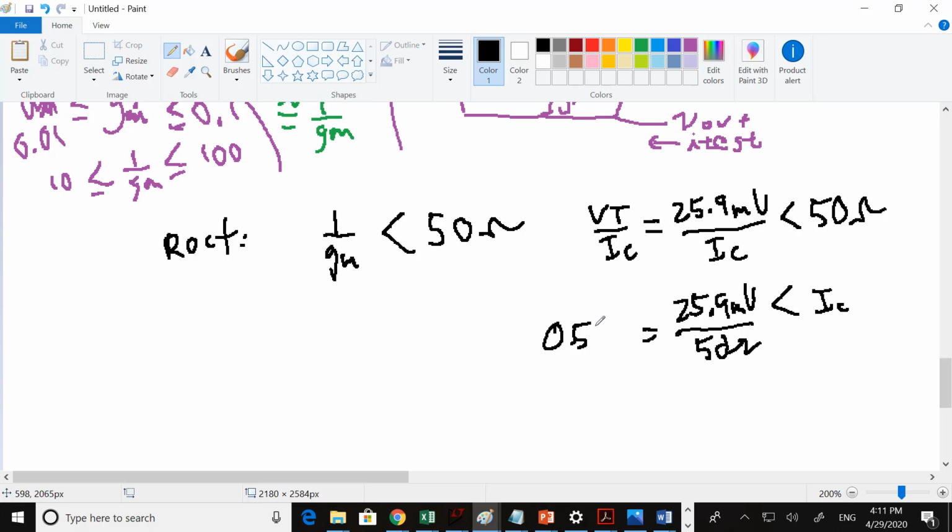Okay, yeah, something like this, milliamps. So as long as IC is greater than that, you'll satisfy the R out value.